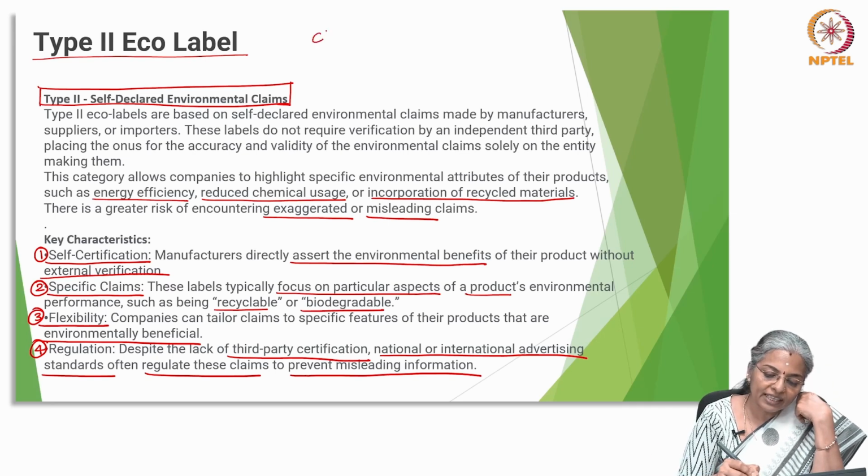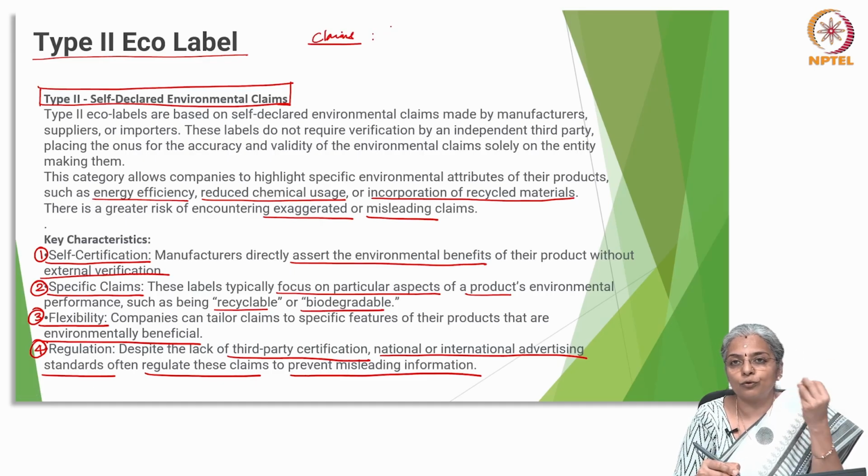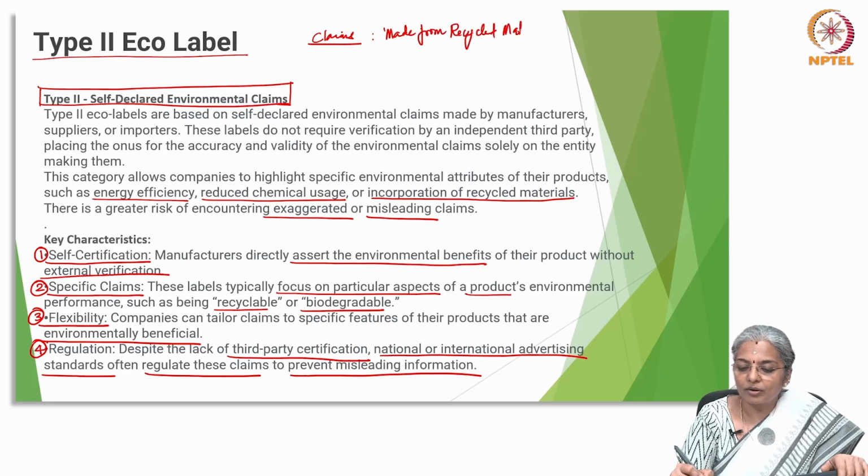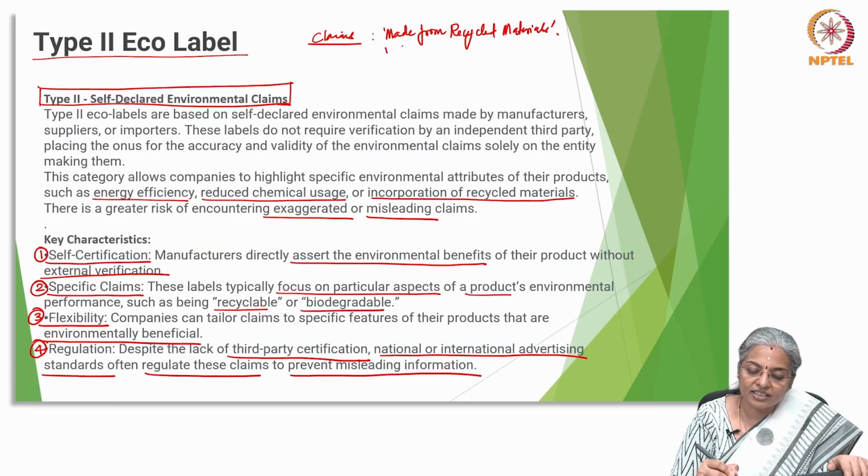So, an example of this could be claims such as made from. So, what could be the likely claims? Likely claims could focus on made from recycled materials, or another claim can be that it is very energy efficient.